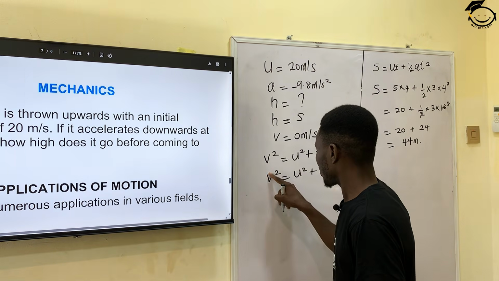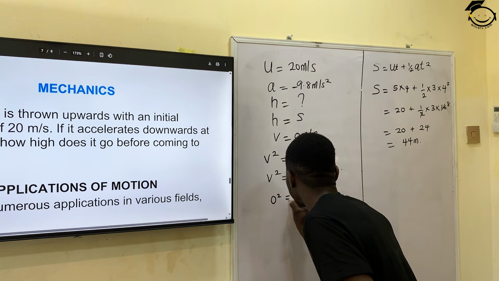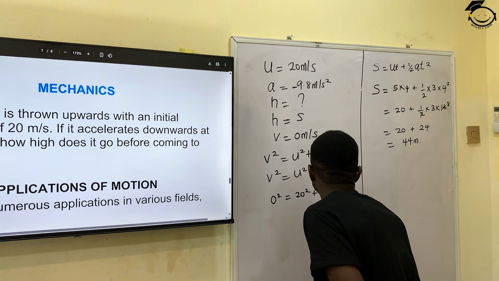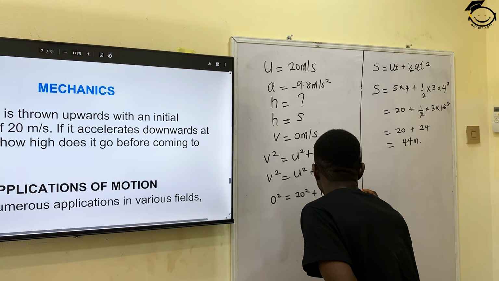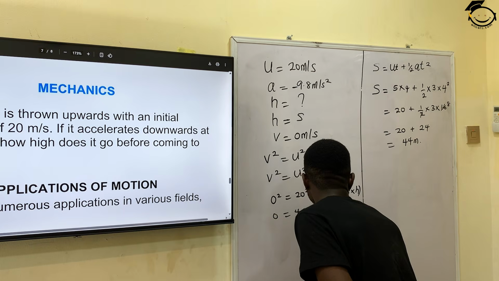So I have 0 squared is equal to 20 squared plus 2 times minus 9.8 times height. This gives me 0 is equal to 400 minus 19.6 height.